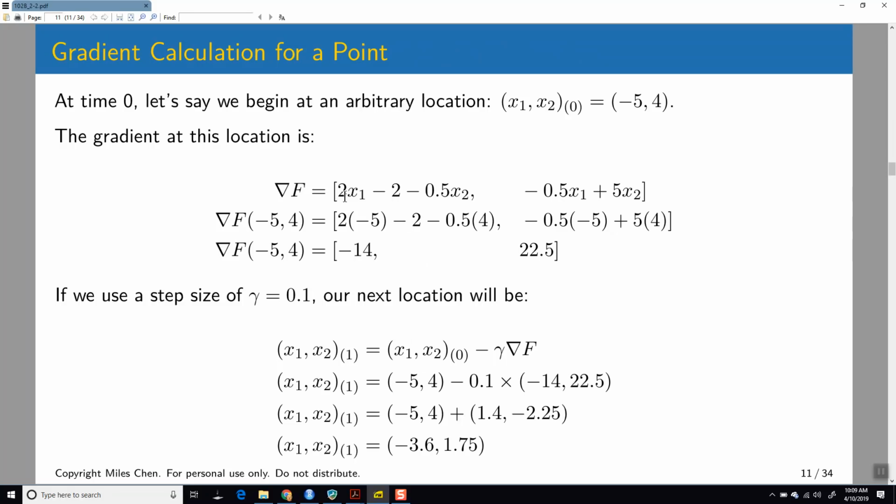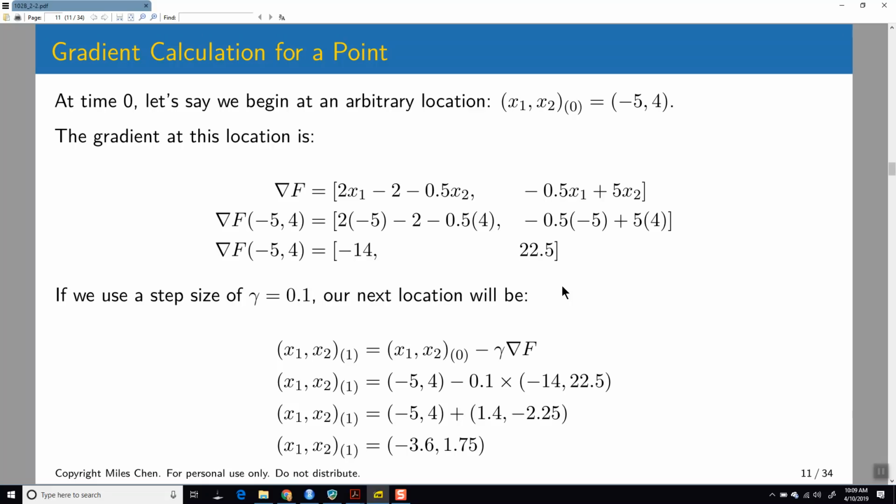For 2x1 minus 2 minus 0.5 x2, I plug in -5 and 4 and get -14 for the partial derivative of f with respect to x1. And when I plug in -5 and 4 into the other one, I get 22.5, and that's the partial derivative of f with respect to x2.